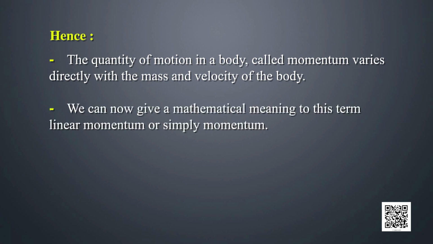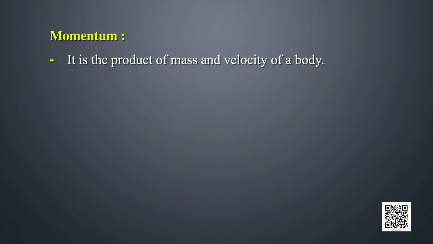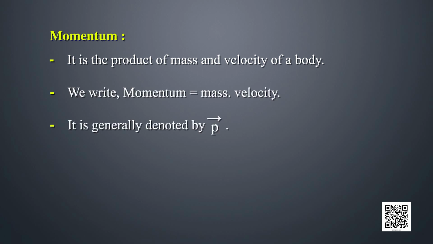We can now give a mathematical meaning to the term linear momentum or simply momentum. The momentum is defined as the product of mass and velocity of a body. We write momentum equal to mass into velocity. The linear momentum is generally denoted by P with an arrowhead on top because it is a vector quantity.